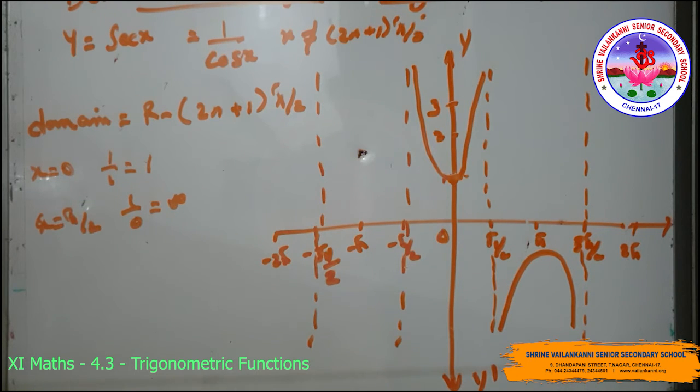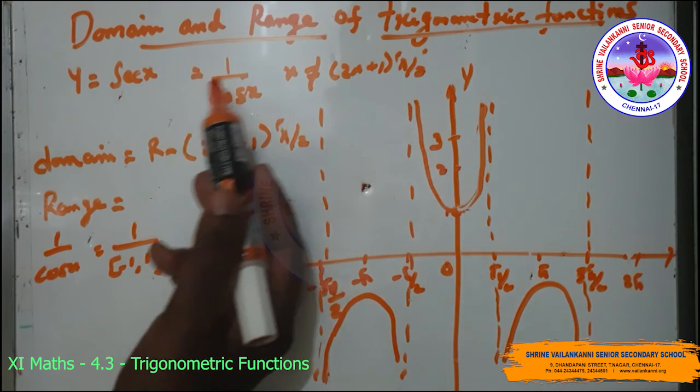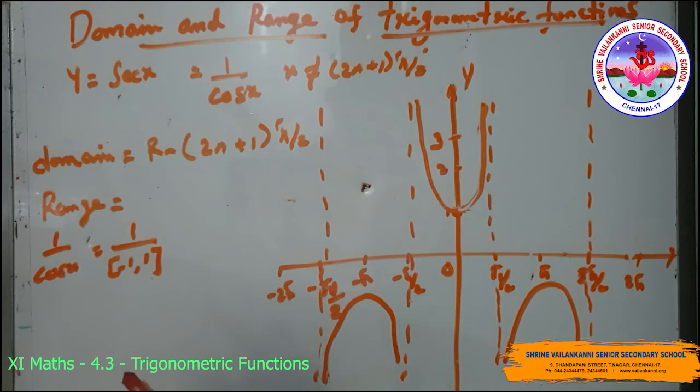Then we have to find the range of secant x. Secant x is 1 by cos x. The range of cos x is minus 1 to 1. So if we take n in this interval minus 1 to 1, and take 1 by minus 1, the value is minus 1.